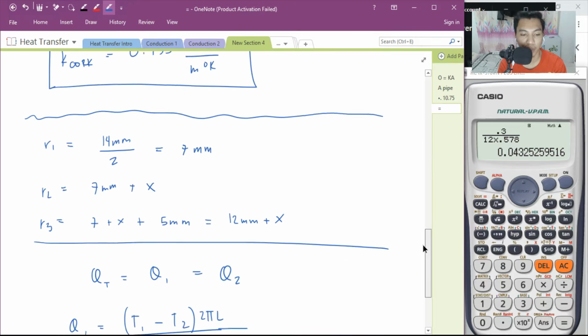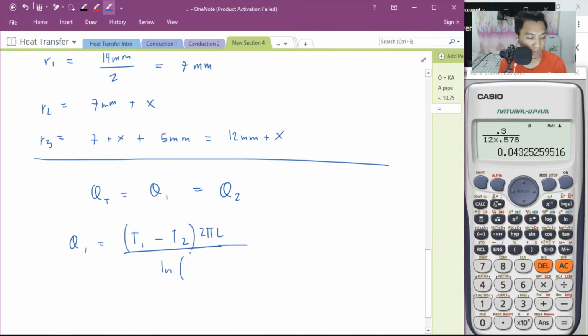O yun, hanapin natin yun. So, 150 ay 7 plus X over 7. Pwede na yan. Divided by K. O, simplify natin. Is equal to 900 watts.